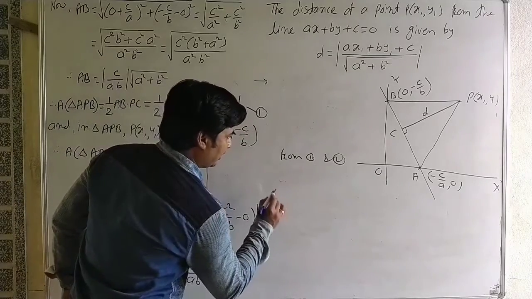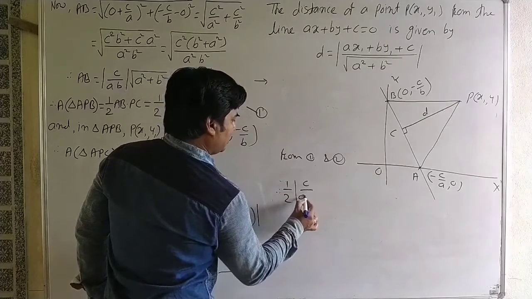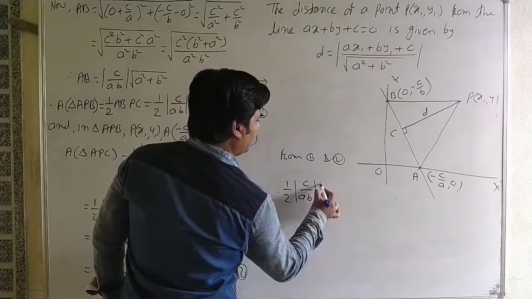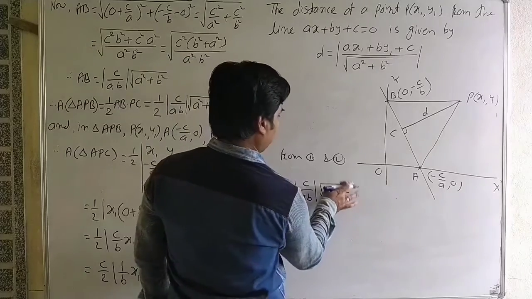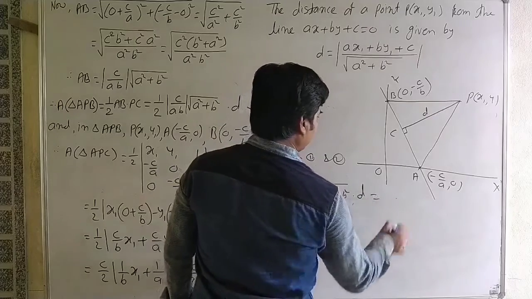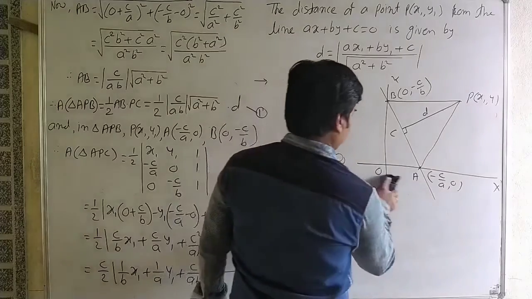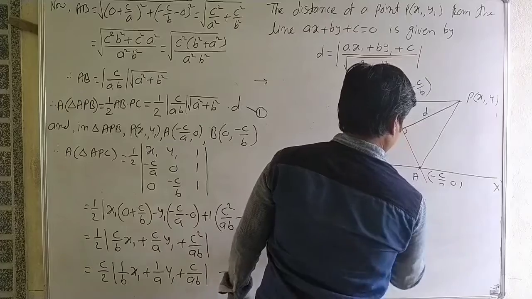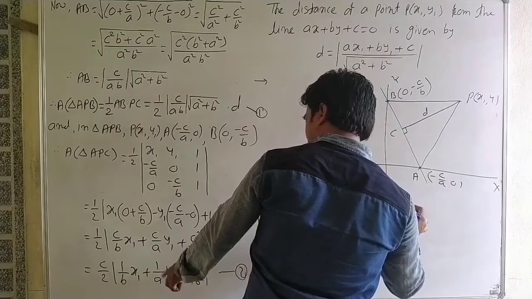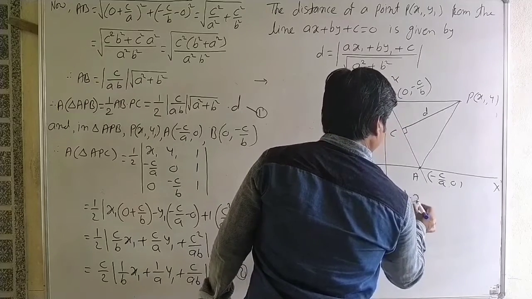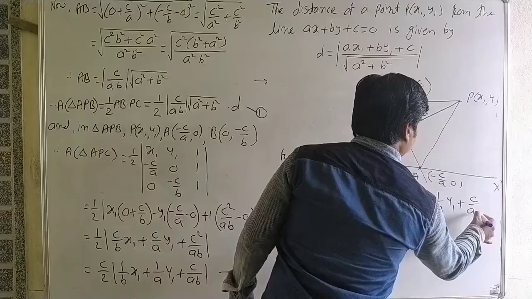From 1 and 2, we can write here, see carefully, 1 by 2 c upon ab into under root a square plus b square into d is equal to c by 2 into modulus of 1 by b x1 plus 1 by a y1 plus c by ab.